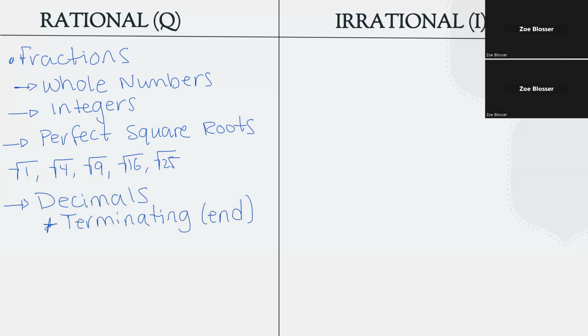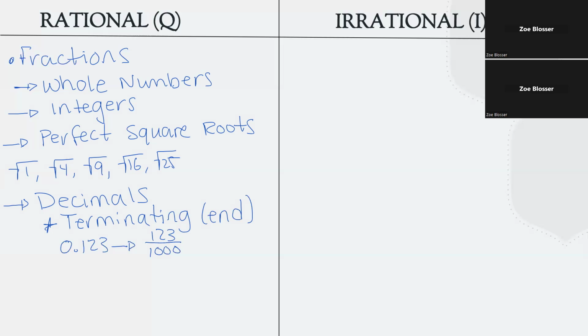So if they do not go on forever and ever, they're going to be able to be put into a fraction, and therefore they are going to be rational. So like 0.123, I can put that into a fraction by saying 123 over 1,000. Okay, so anything that ends, I am able to turn into a fraction.